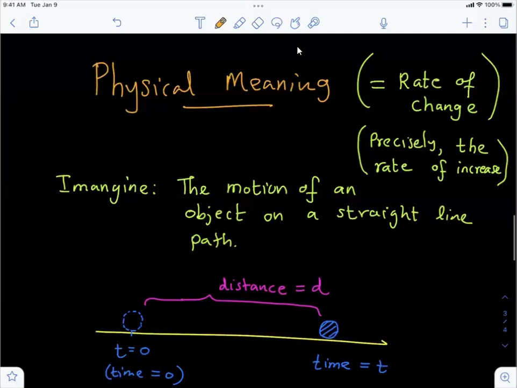Now if I ask you the velocity, or let me make it simpler, let me call it the speed. If I ask you to compute the speed, one can say, oh, that is just the distance divided by the time duration from here to there. The time duration is just t, let's say seconds or minutes, and d is the distance, so distance divided by time.